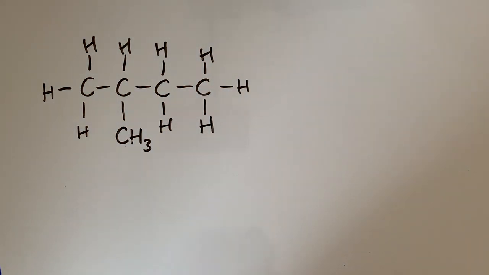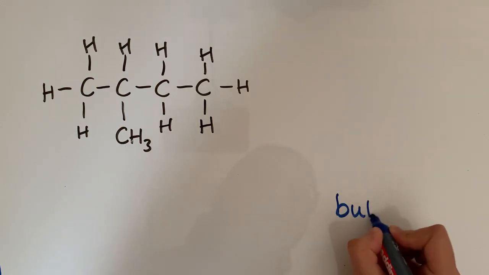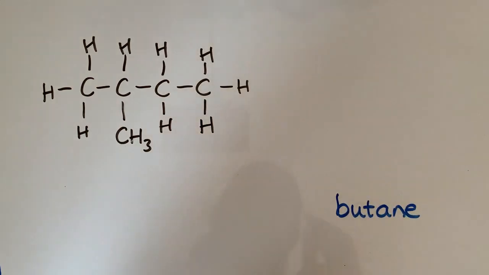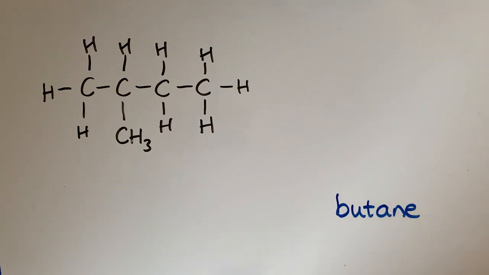Based on that, the parent name or stem of the molecule is named after the longest carbon chain. The longest carbon chain here is 4, so that's but-. That means this name is going to end in butane. It's still an alkane, so it's still going to end in -ane.